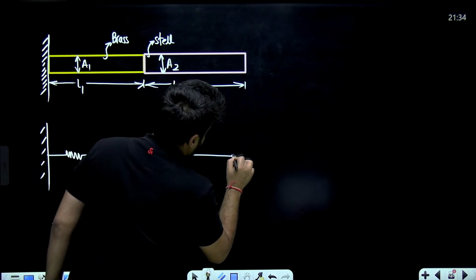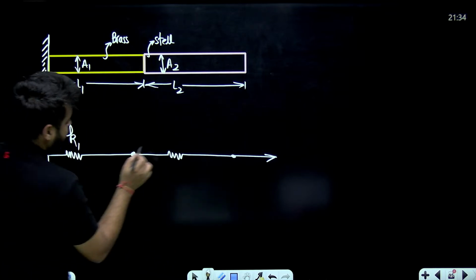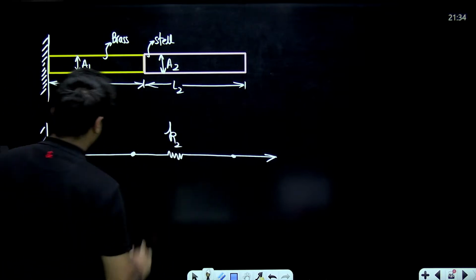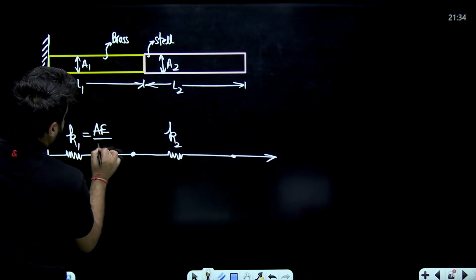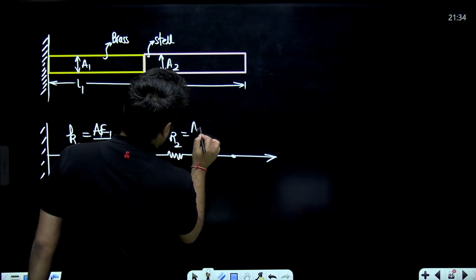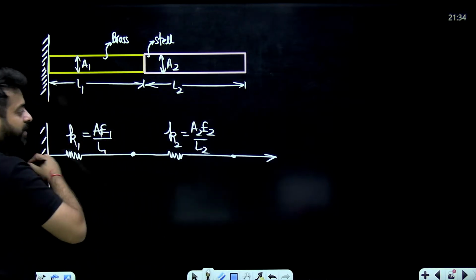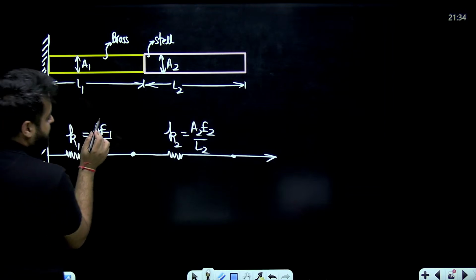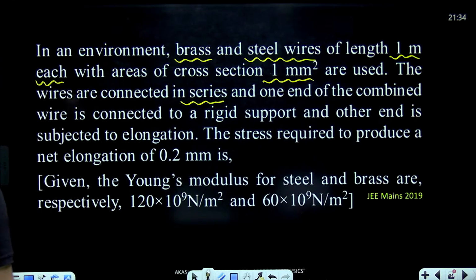Yes sir. Okay. Let's suppose this is the K for the brass and this is K for the steel. What is K? Sir, AE by L. K1 is A1 E1 by L1, K2 is A2 E2 by L2, where A1, A2, L1, L2 are same. Only the material is different. That's why E1, E2 are there, and they are in series, as they said.